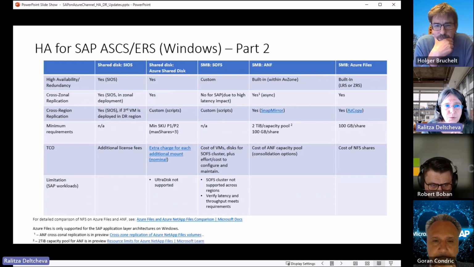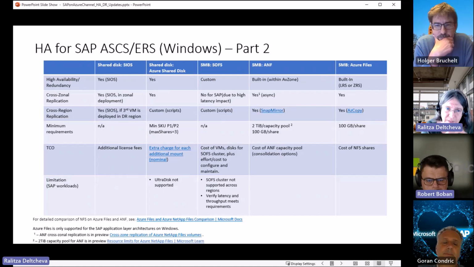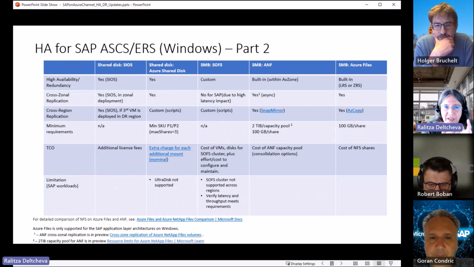It allows you to do a cross-zonal replication if you deploy with Azure Shared Disk ZRS. There is some nominal charge for each VM that you are connecting to the disk, but in general, it's simple to execute. It's a good solution if you choose to deploy SAP with shared disk.